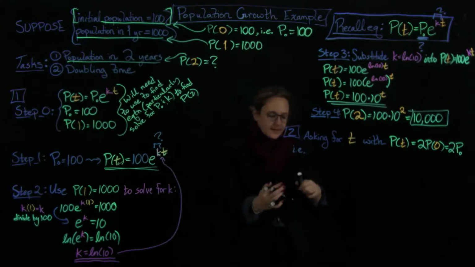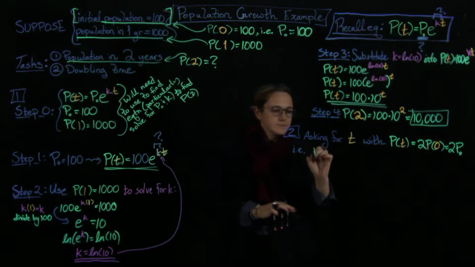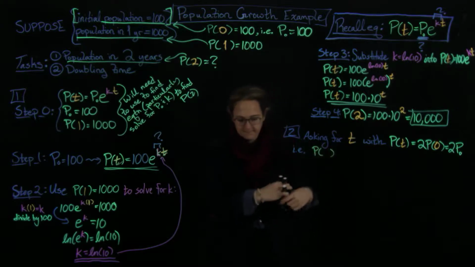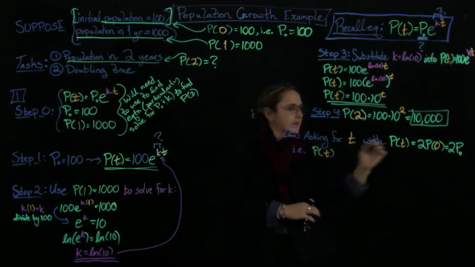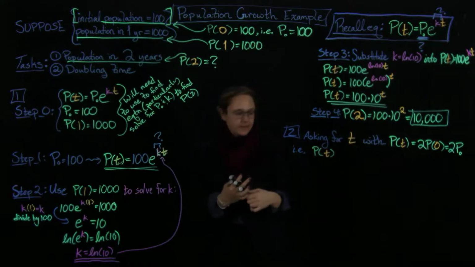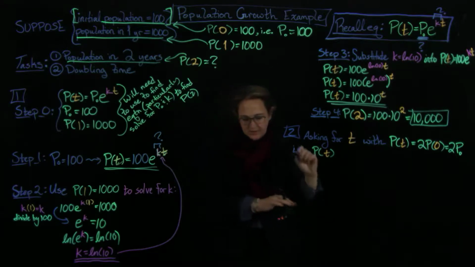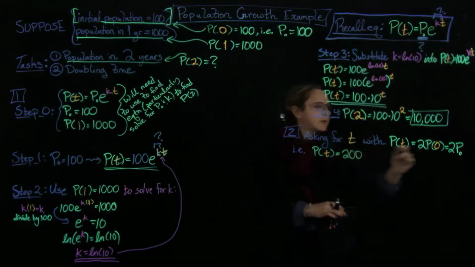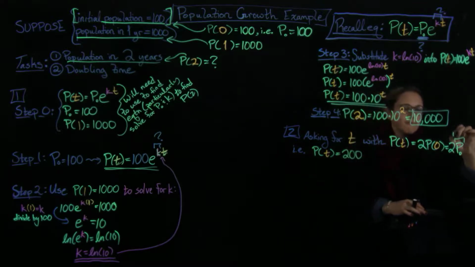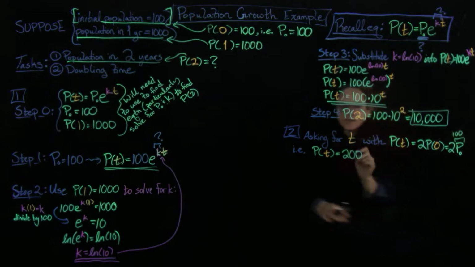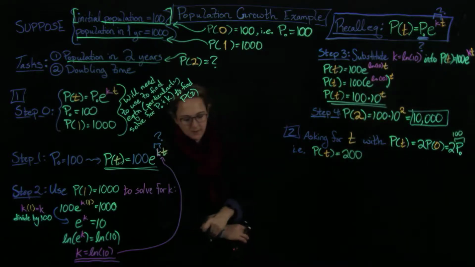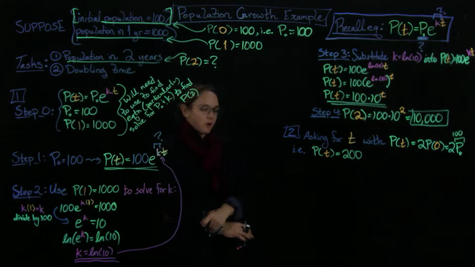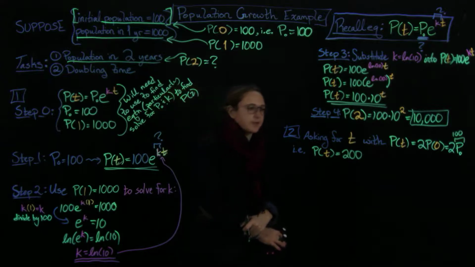I need that P of t to equal, we know that P naught is 100, so this is just going to equal 200. We already know that this is 100 here. So 2 times 100, we get 200. Great.